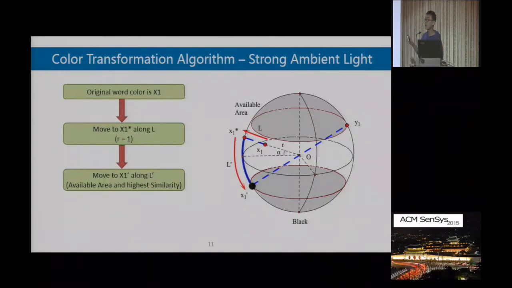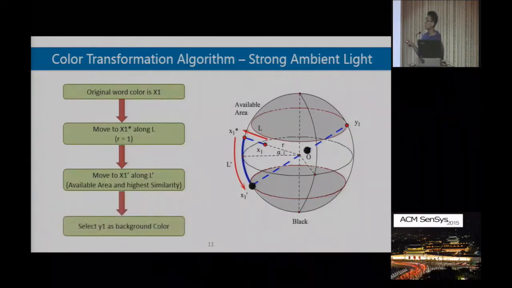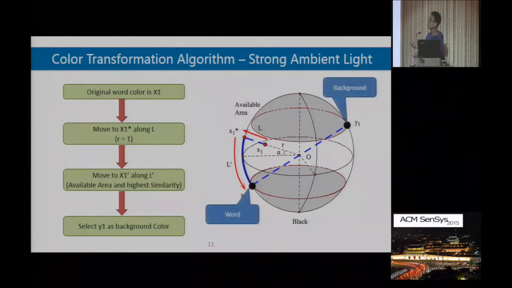And how about the background color? When we have this word color, the background color is selected by moving it there. Because the color hue difference should be 180 degrees, they are symmetric from the achromatic axis. So this new color pair will be selected as the optimal selection.